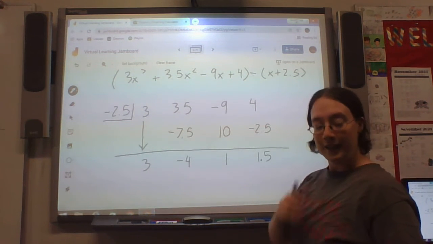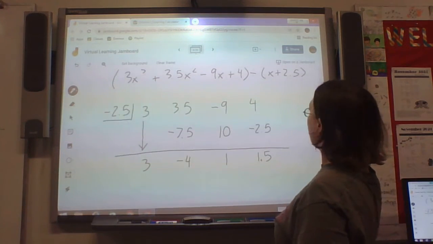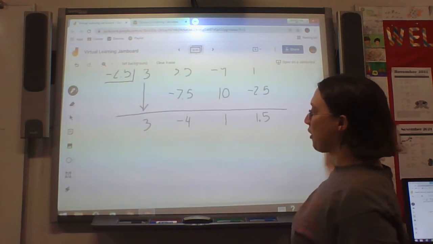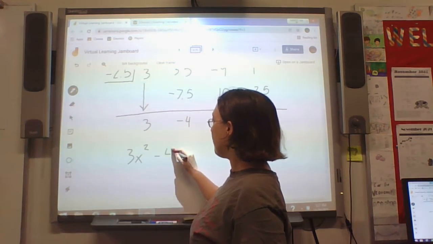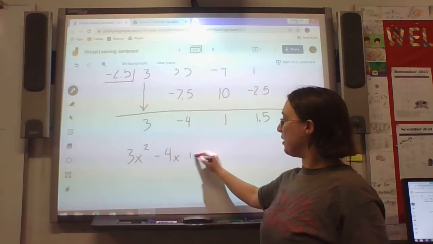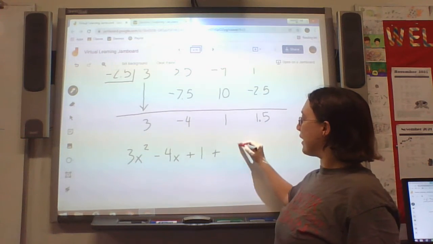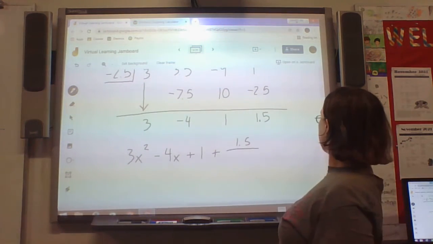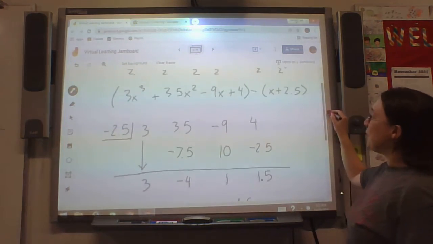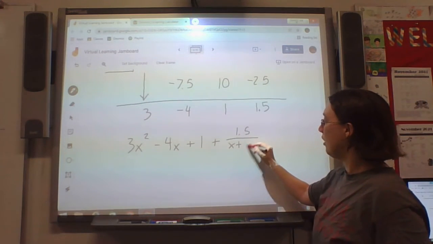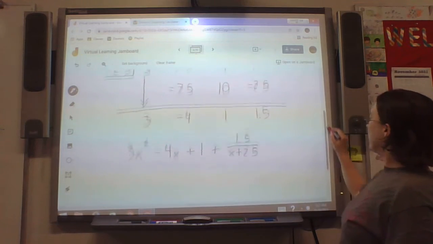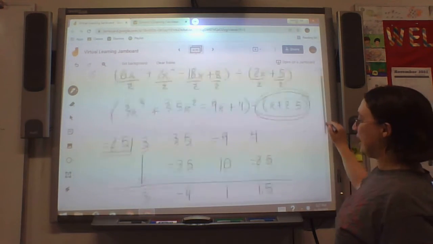Cool. Now we're going to go back and plug in our exponents. So we had an x to the 3rd up there, so this is going to be a 3x squared minus a 4x plus a 1. And then plus that 1.5 over either this, or if you want to get back to this, then we're taking it times 2.